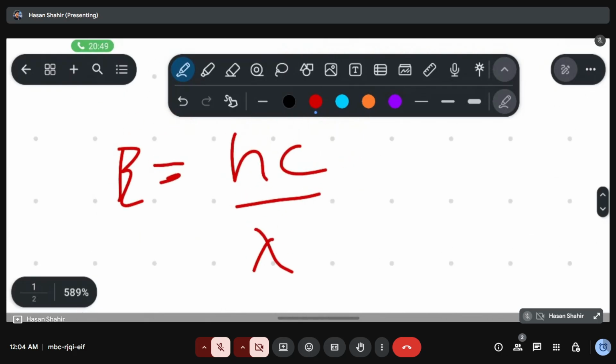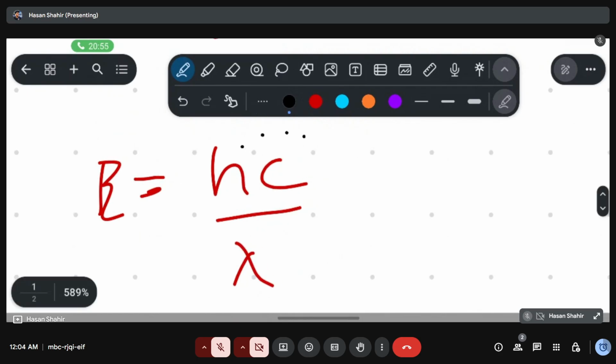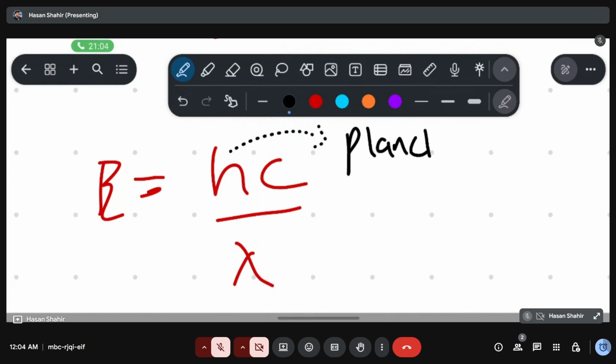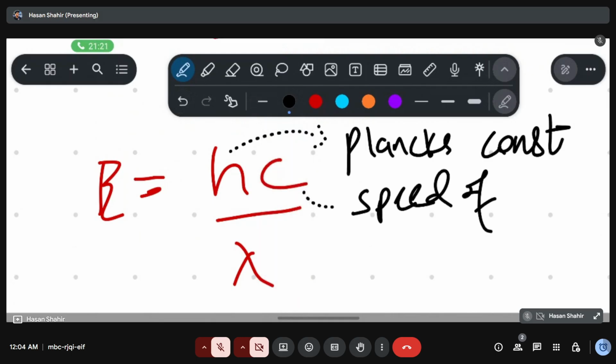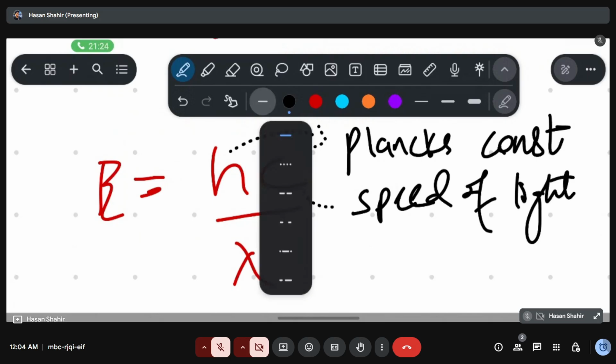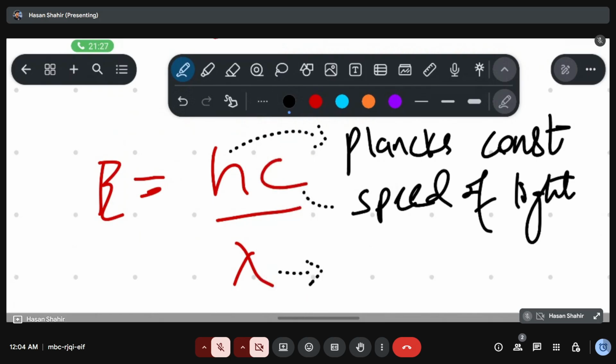Now, let me just label these. h is our Planck's constant. This is just a constant number. And c is your speed of light. And lambda, as you may have guessed, is your wavelength of the photon.